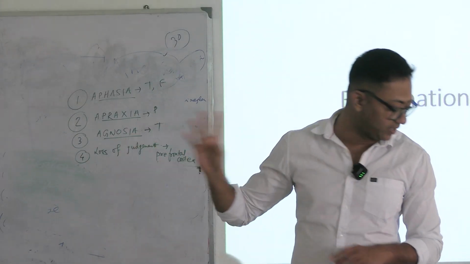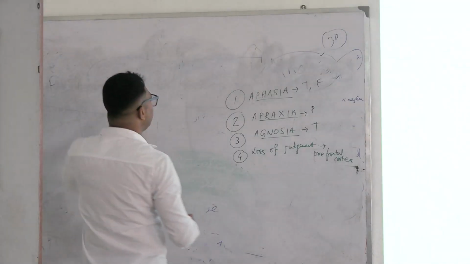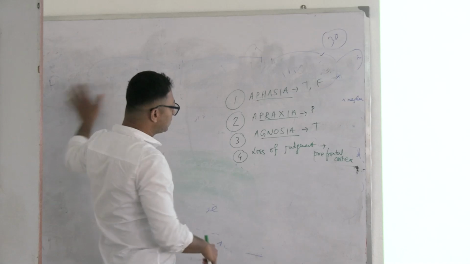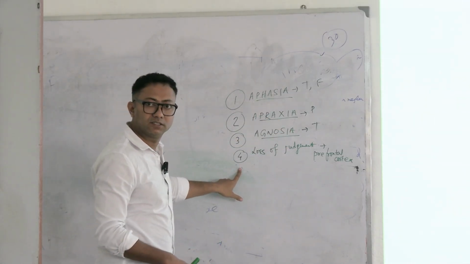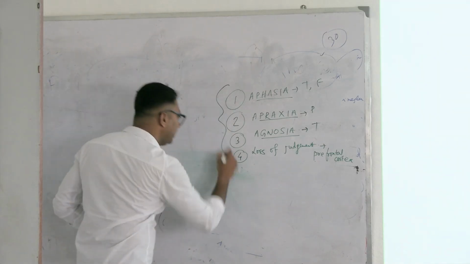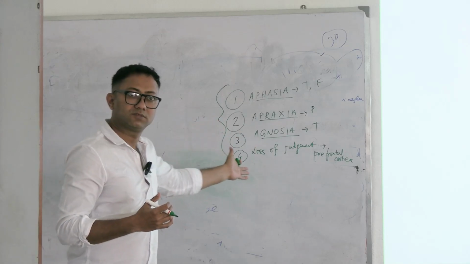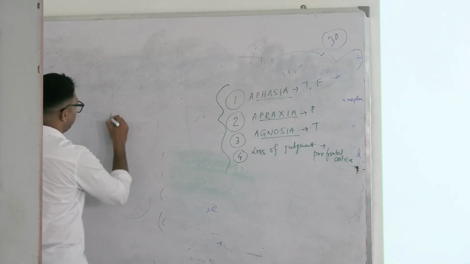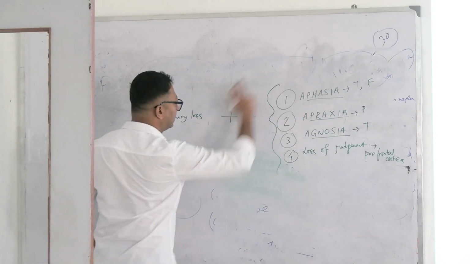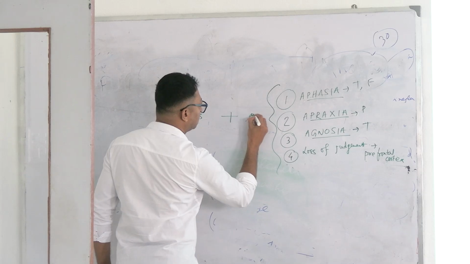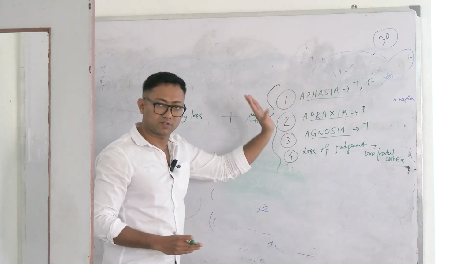So dementia is equal to memory loss plus, it may be memory loss plus aphasia, it may be memory loss plus apraxia, it may be memory loss plus aphasia plus loss of judgment. Any one or more of these four. It can be 2 of these, 3, 4, or even just 1, right?